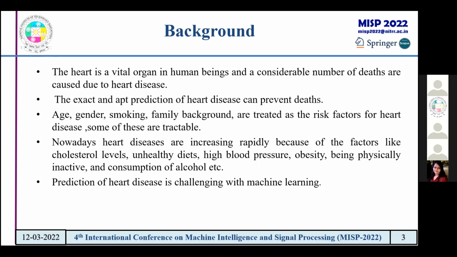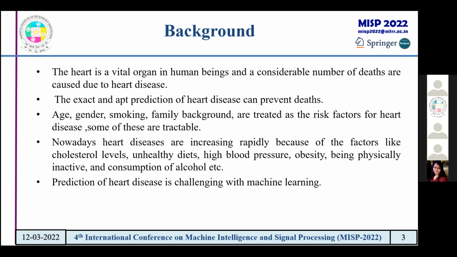As we know, there is an increase in deaths due to heart diseases. Our paper deals with heart disease prediction, which will predict it earlier, so there will be ease of diagnosis.